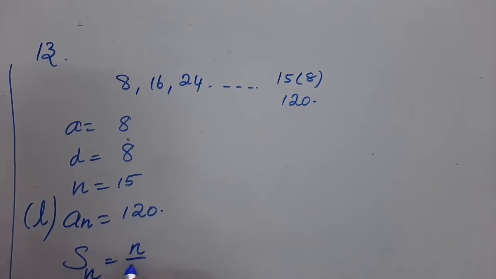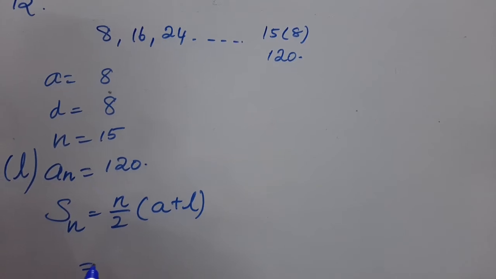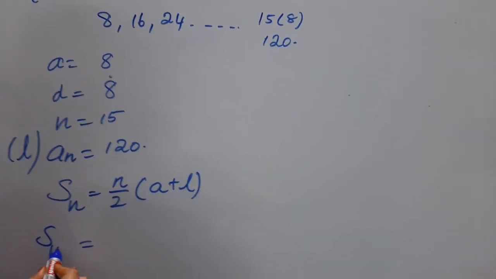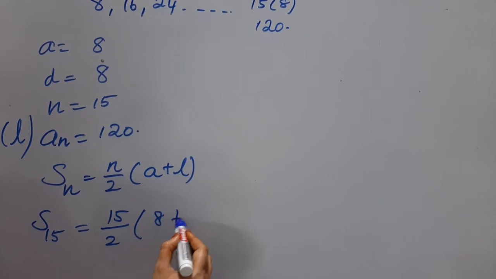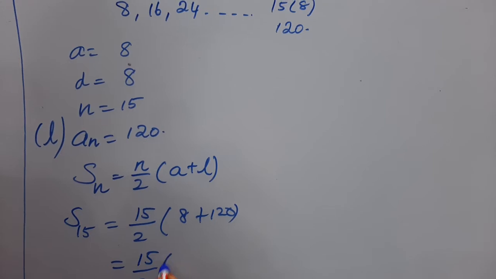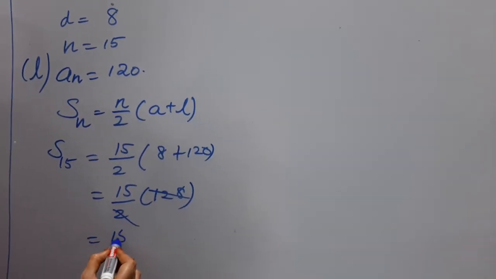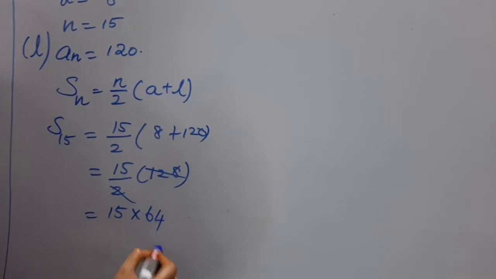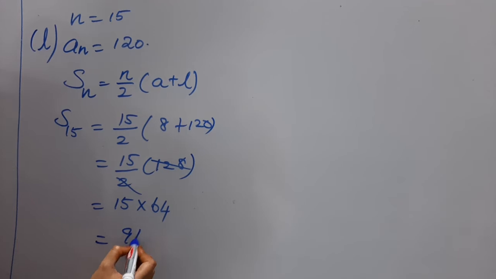Sn is equal to n by 2 into (a plus l), so S15 is equal to 15 by 2 into (8 plus 120), which is equal to 15 by 2 into 128. That is equal to 15 into 64. What is the product of 15 and 64? Which is equal to 960.